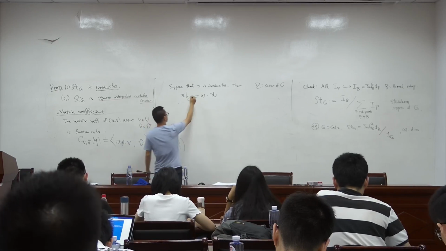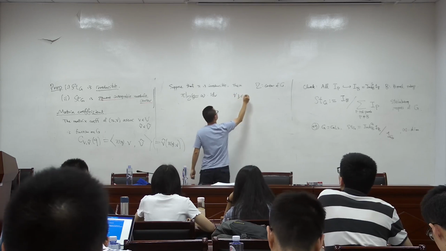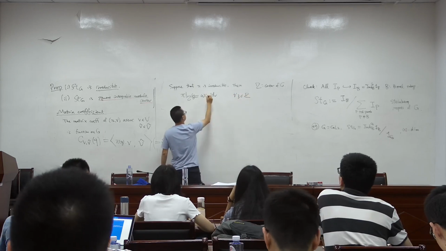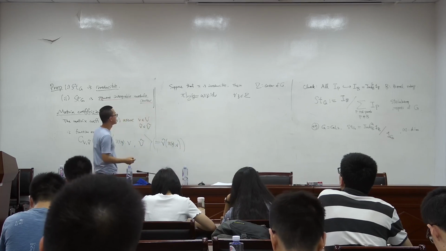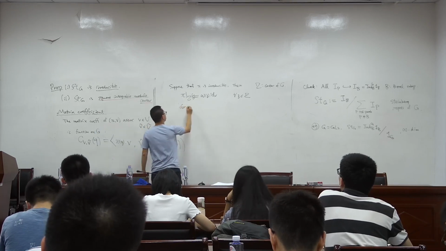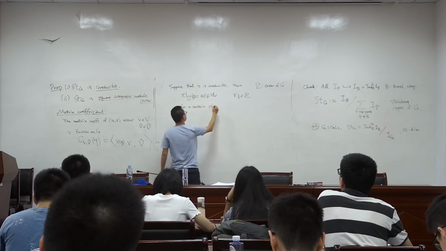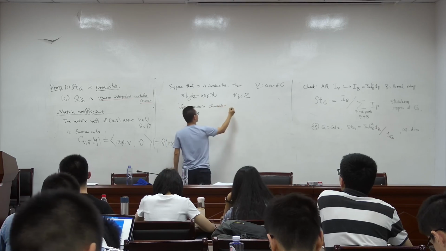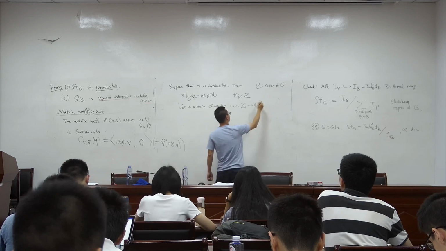Maybe I write it this way. If you input an element z in the center, its value is given by a fixed character omega from Z to C cross, for a certain character omega.